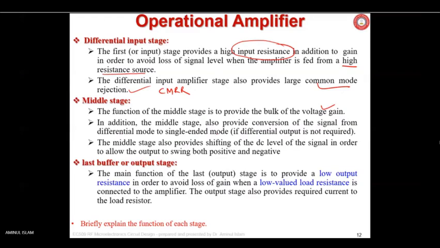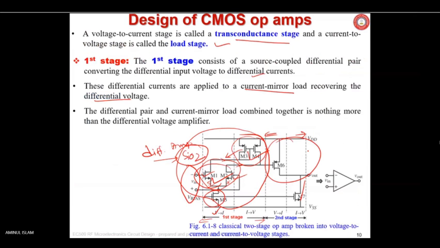In addition, the middle stage also provides conversion of the signal from differential mode to single-ended mode if a differential output is not required. Hence, here you see that if you had got the single-ended output in the stage itself, fine. If not, this would be converting into a single-ended signal.